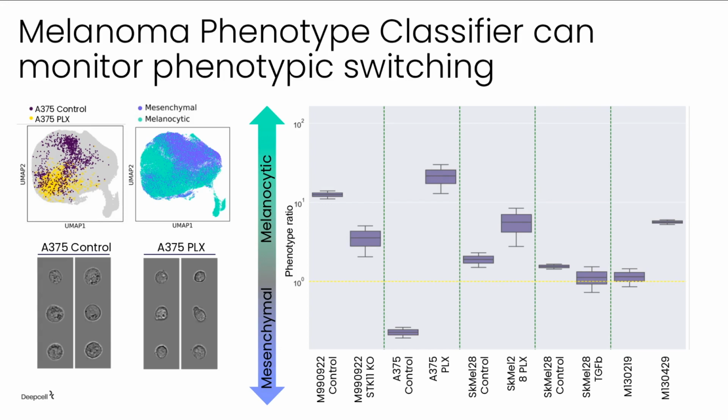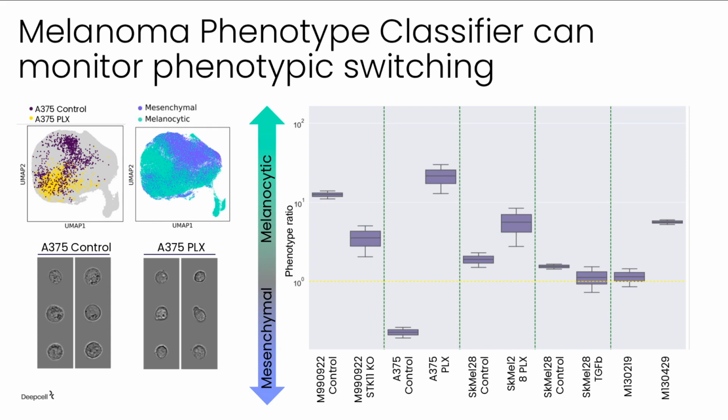We can see again on this morphological UMAP the control cells here in purple. They populate the more mesenchymal part of the UMAP, which you can see again in the reference, in the upper right. Then upon exposure to vemurafenib, the BRAF inhibitor, these cells undergo a shift towards a more melanocytic phenotype.